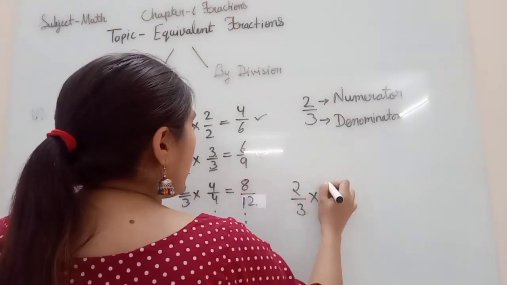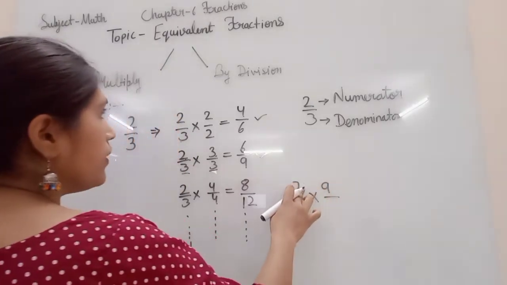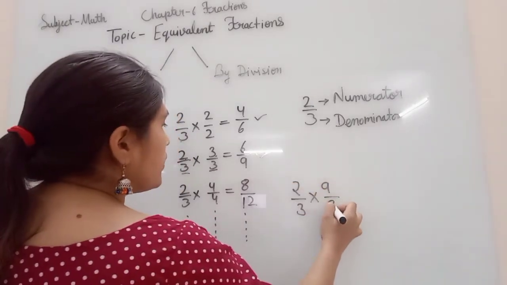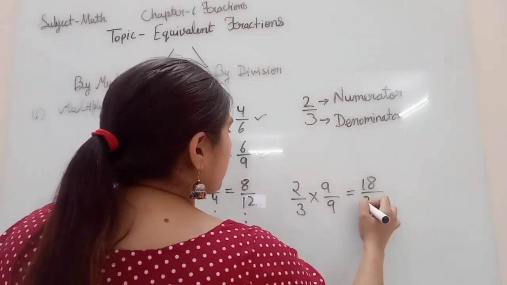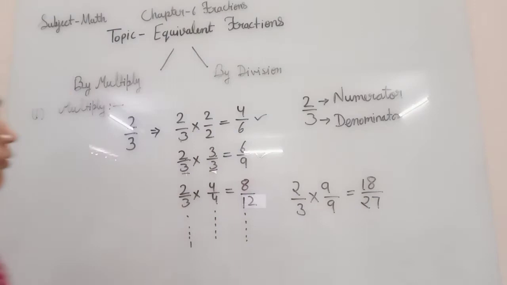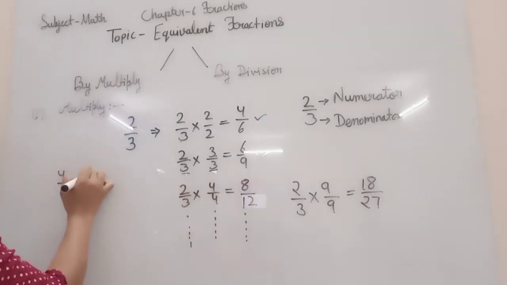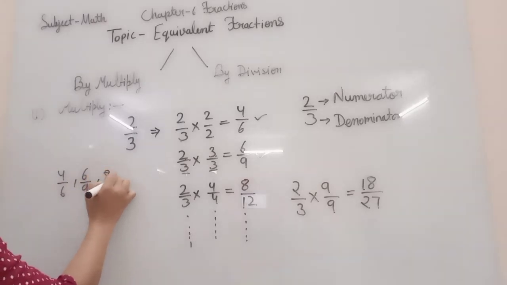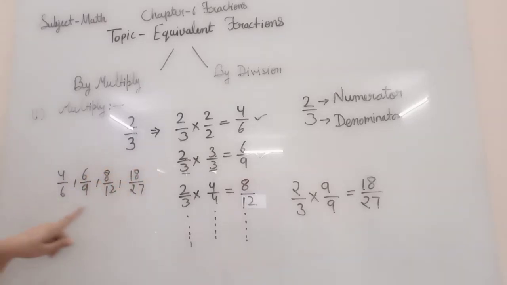If you take 9, you have to multiply 9 with the numerator and 9 with the denominator also. So 18 and 27.